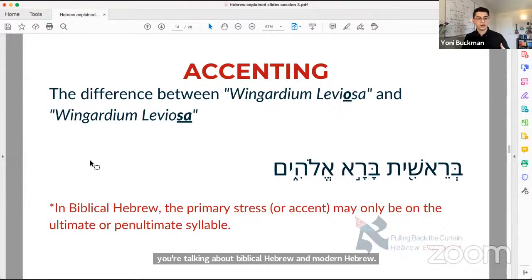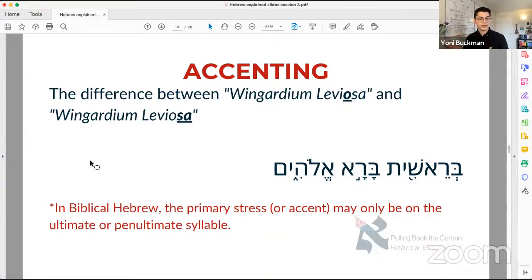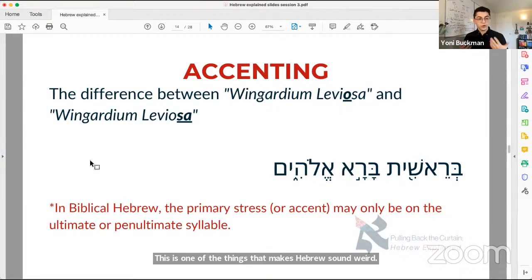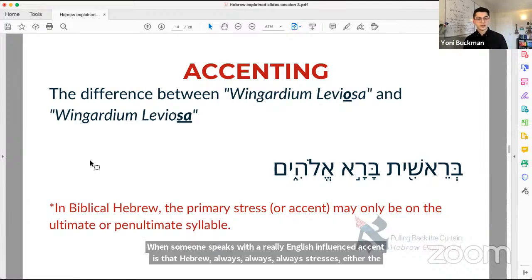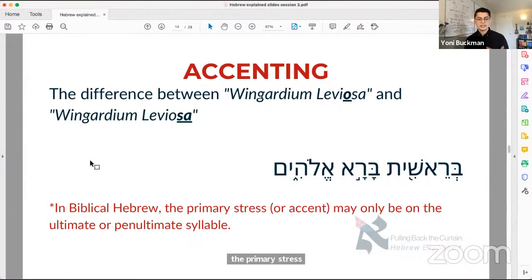So in a very long word, the primary stress is never in the beginning. In English, we often stress the beginning of a word; in Hebrew, you're often stressing the end of the word. And so that's one of the things that sometimes sounds a little off when people speak Hebrew in a non-native accent: you can tell that the stress is on the wrong syllable. So that's just something to note. It's either on the last syllable or on the second to last syllable.